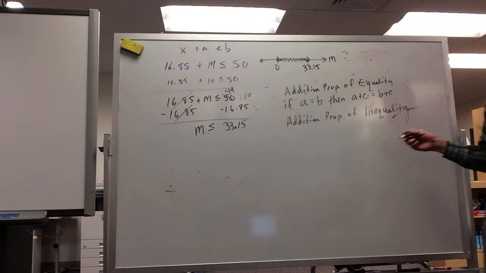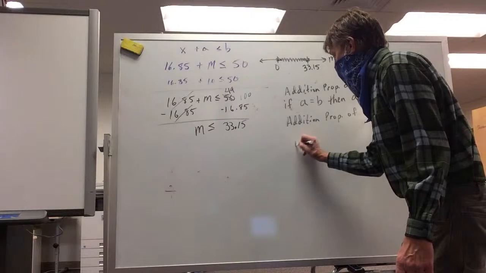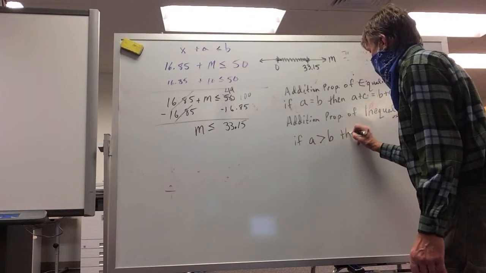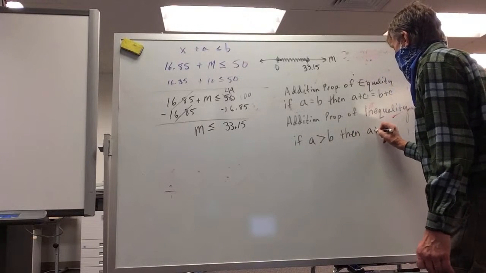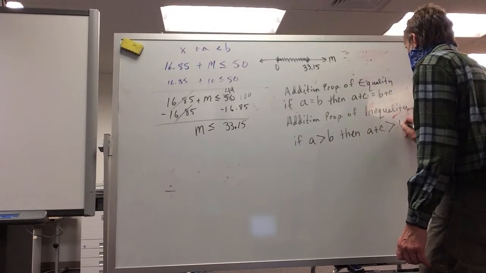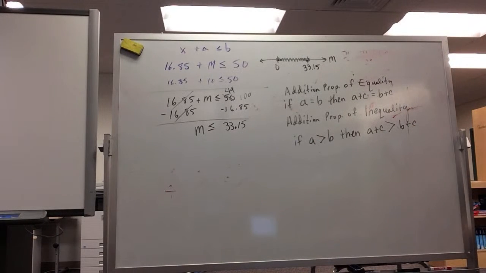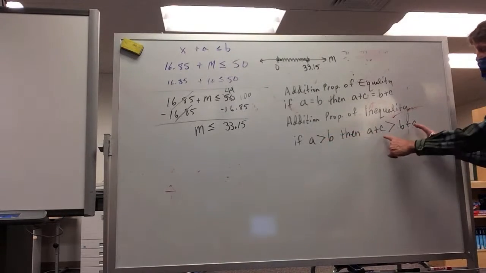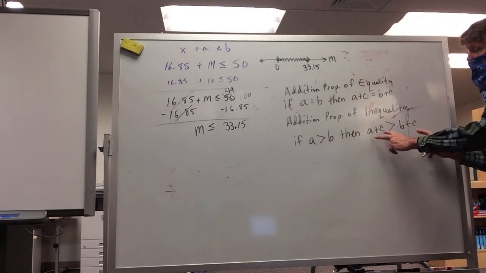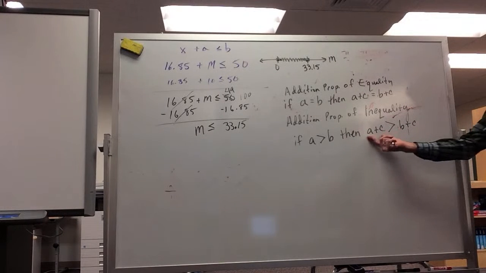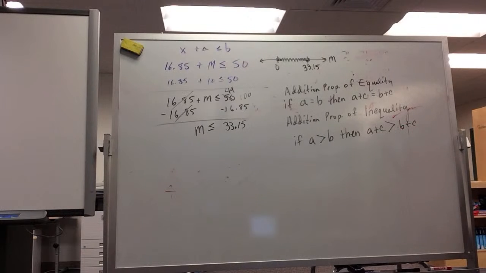With inequalities, it works that way also. If one number is bigger than another, and you add the same to each number, the result is going to have the same relationship. This is still going to be greater than this. That's what those 2 properties say.